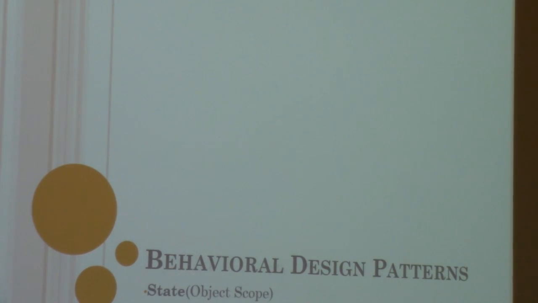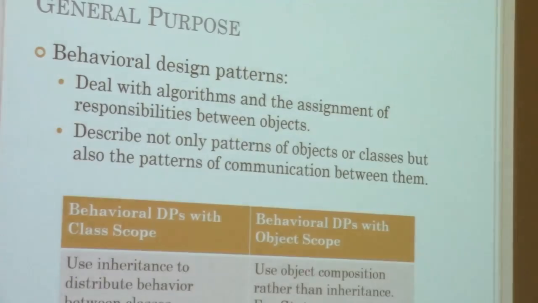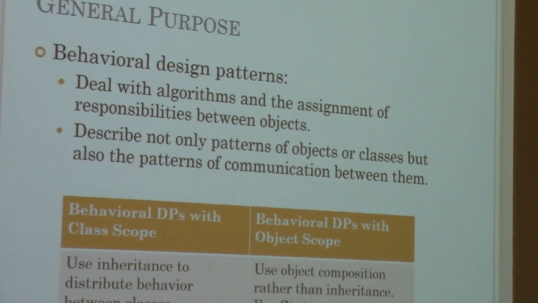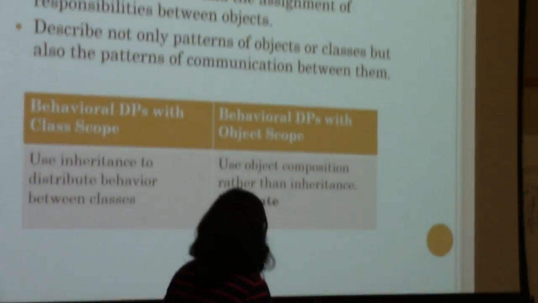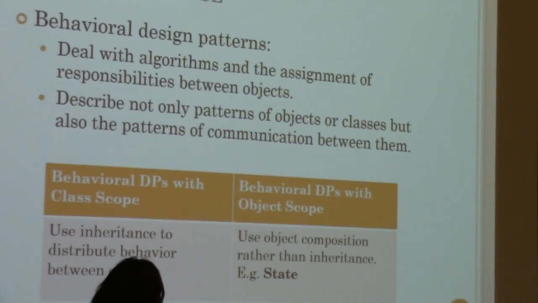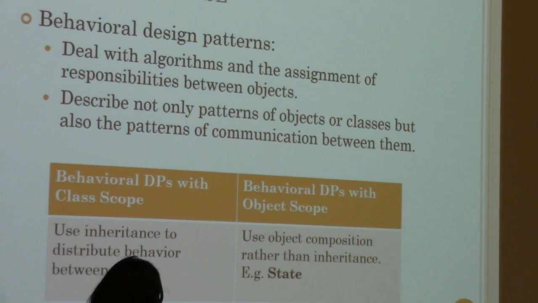That brings us to the last one, which are the behavioral design patterns. Again, the general idea here: we had seen first creational, what we want done at the time of object creation. The second set talked about the structure of it, and now we look at the behavior. So here we are looking at the algorithms and the assignments of responsibilities between objects.